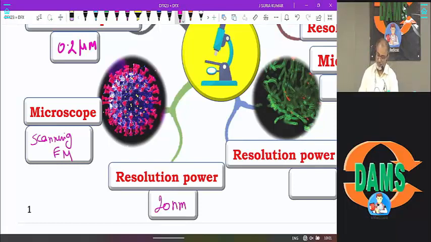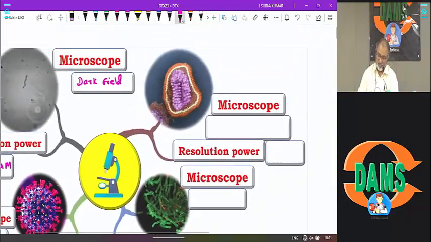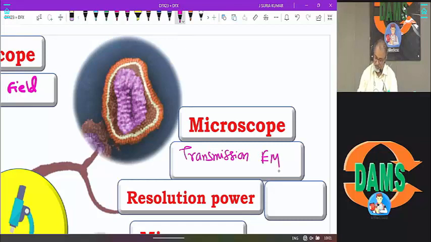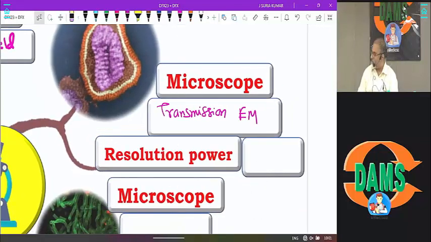And coming this side, this is also a virus, but you are seeing the internal structure. So this is what microscope? Transmission electron microscope. Resolution power is 0.2 nanometer.